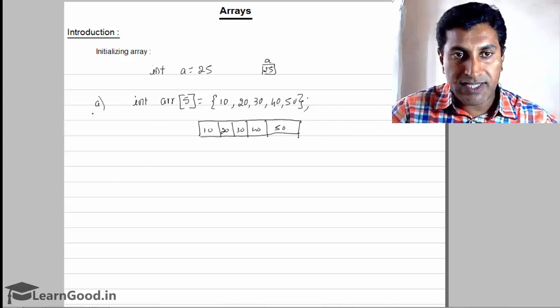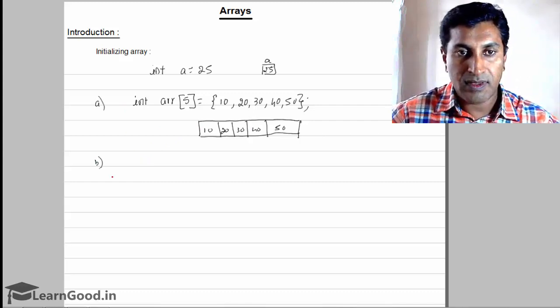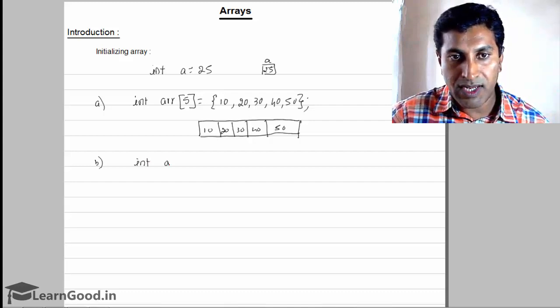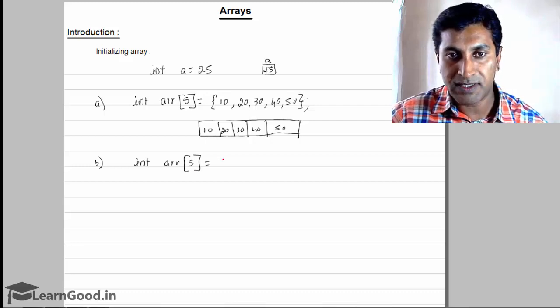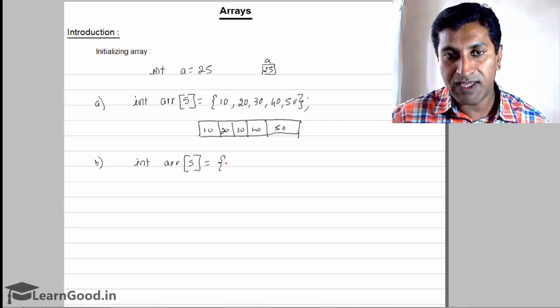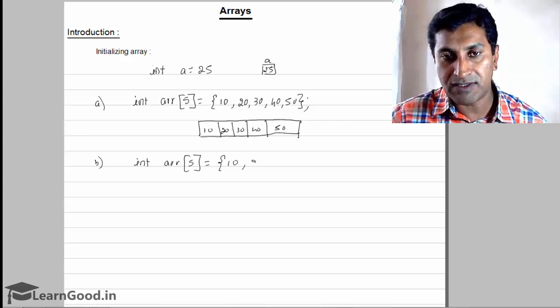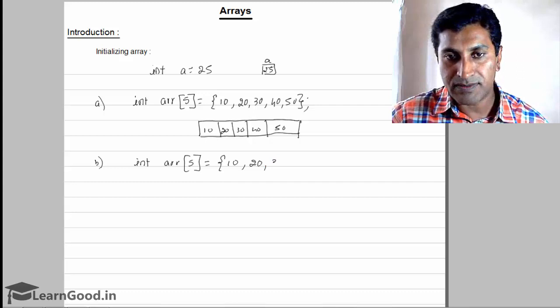The second way of initializing is, you give arr of 5, that is, you specify the number of elements, and instead of assigning 5 values, I'll assign only 3 values.